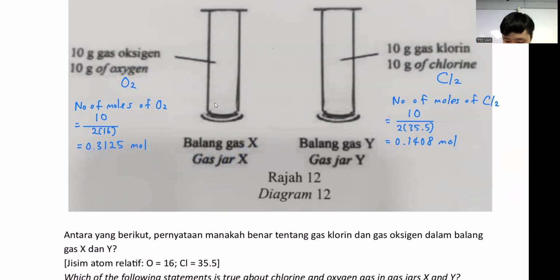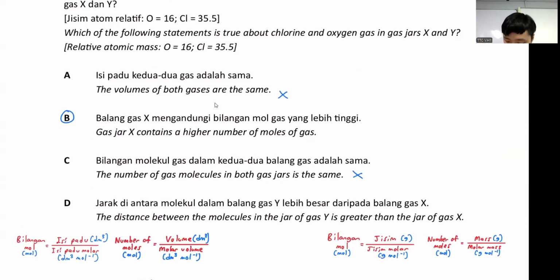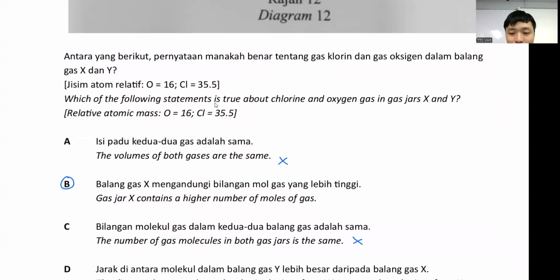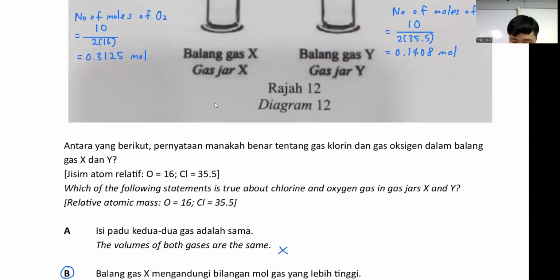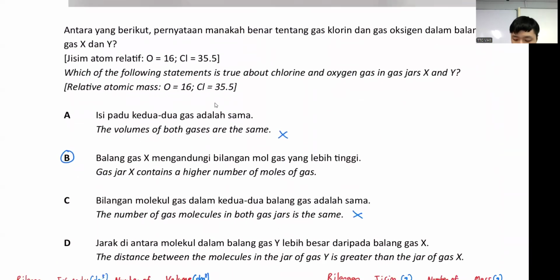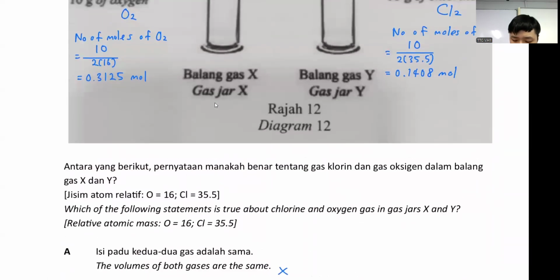So it cannot be C also. Distance between molecules of gas Y is greater than gas X. No important point. So in this case, is B. Yeah, higher mole.